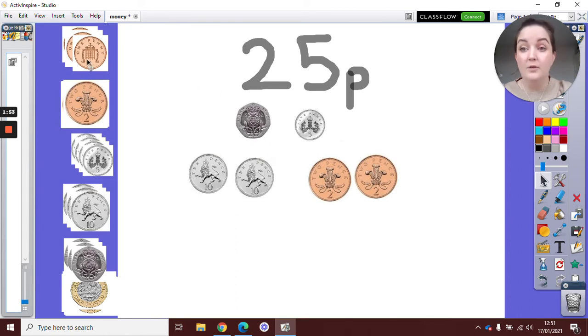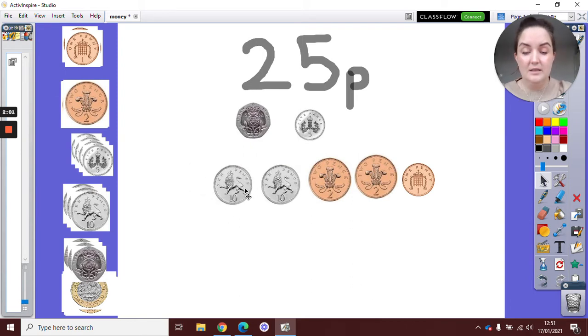I want to make 5. We just need one more. So we've got 20 and a 5 makes 25. And then I can use these coins. 10, add 10 is 20. Add a 2, 22. Add another 2, 24. Add 1, 25. So if I didn't have a 20p and a 5p in my purse, I could use a 10p and a 10p, a 2p, a 2p and a 1p.